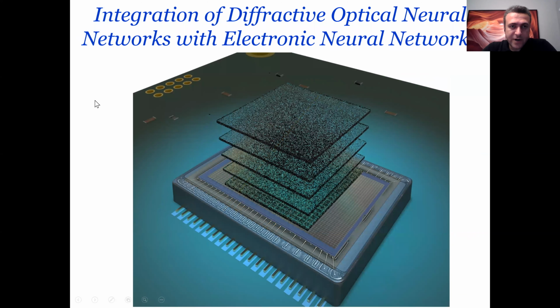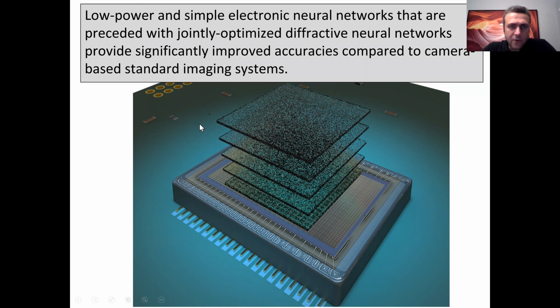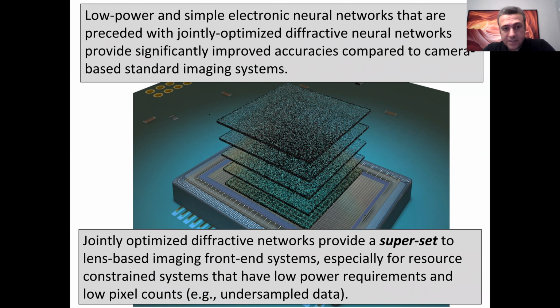So this is actually highlighting the advantages of trainable front ends composed of diffractive layers to work with electronic backends, especially if we believe for low power systems that need to work with low pixel count imaging systems.